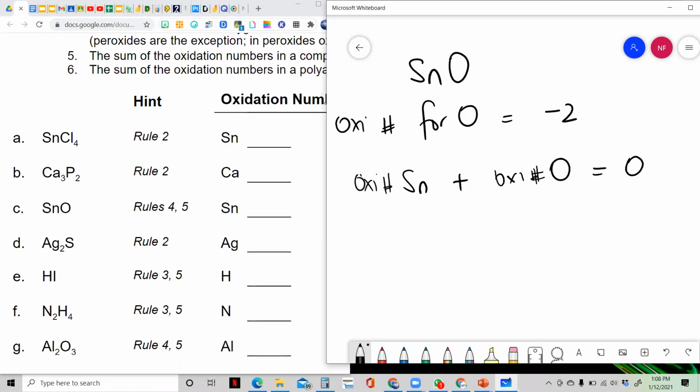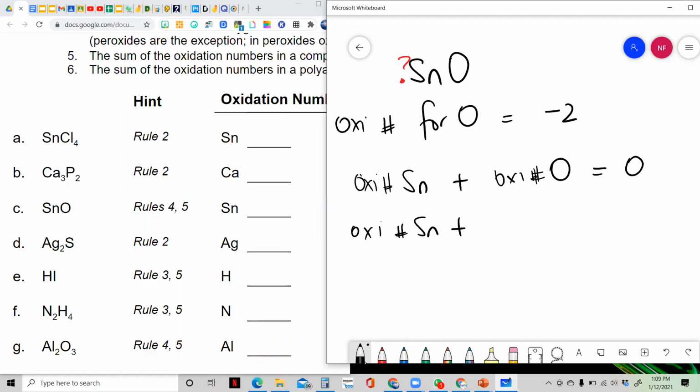Just like any math equation, you usually have knowns and unknowns. Right now my tin, the oxidation number for Sn, is a big question mark. We don't know it; that is what we're trying to find out. So I'm going to write it down here because I don't know it.